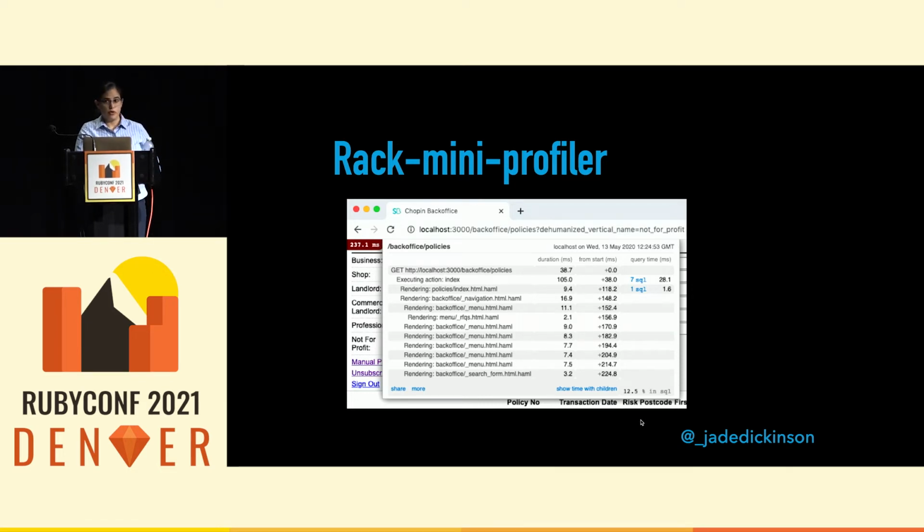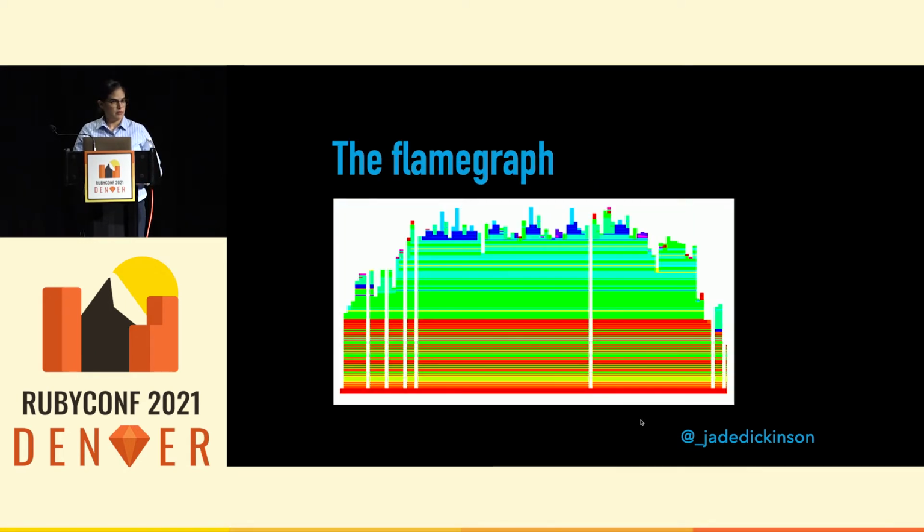Let's talk more about the flamegraphs tool. Rack Mini Profiler has a very good flamegraph tool, which you can use by adding the query parameter pp=flamegraph to your query string.